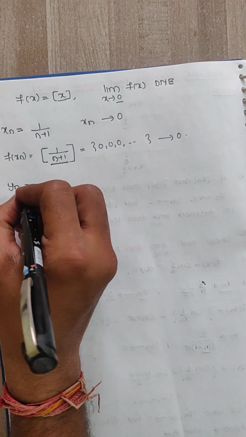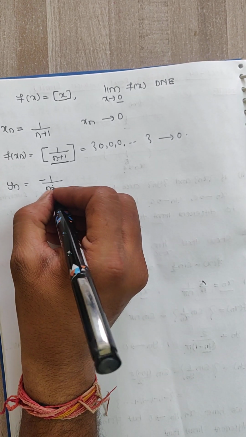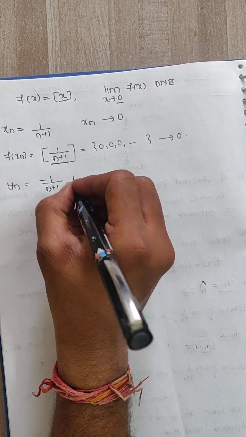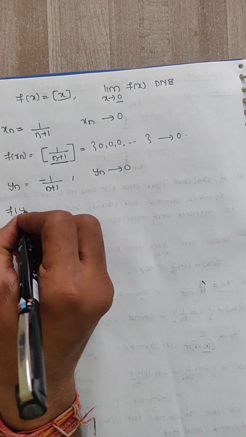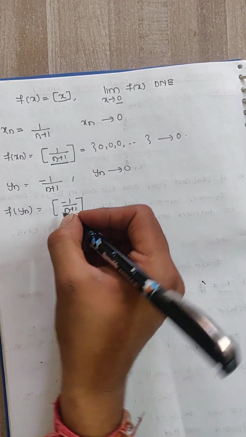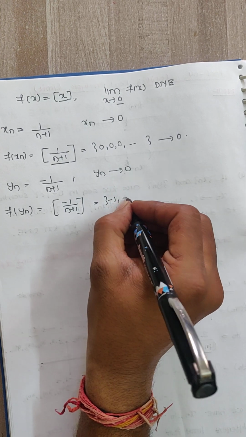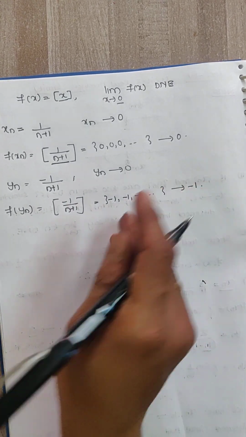Again take y_n is equal to minus 1 by n plus 1. Here again y_n goes to 0, but f of y_n is nothing but the greatest integer of minus 1 by n plus 1, and it's a negative number, that is minus 1, minus 1, minus 1 and so on, and converges to minus 1.